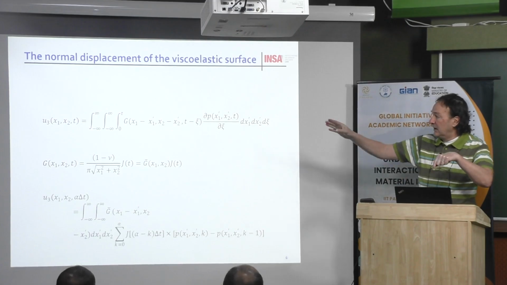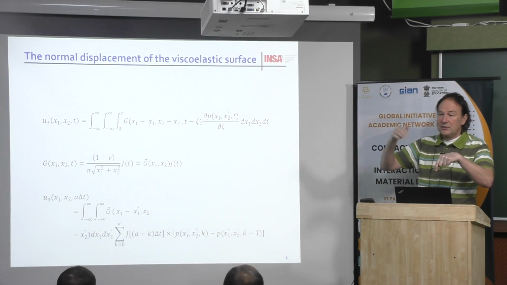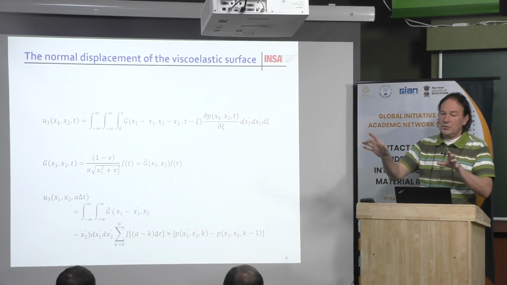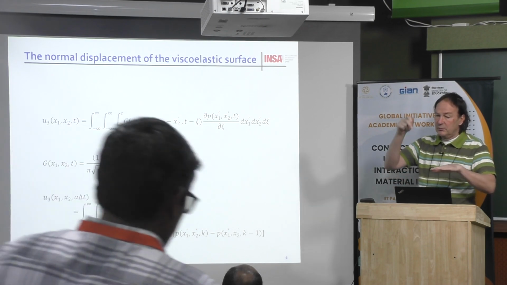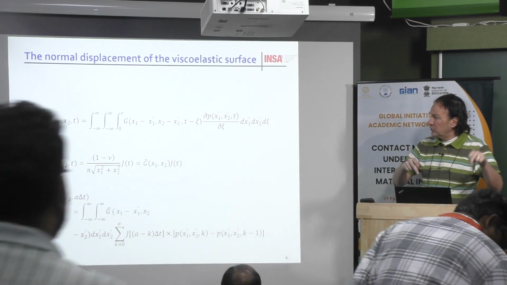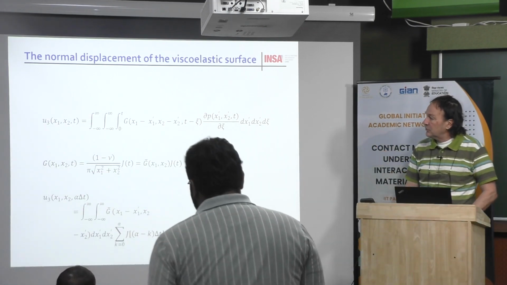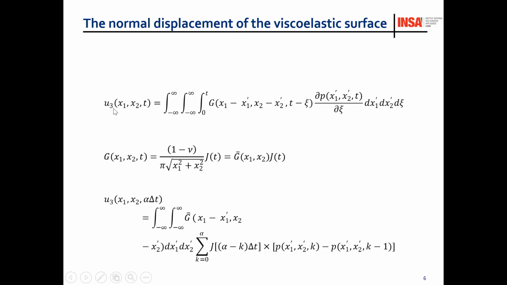And x1 and x2, this is x and y, they are the distances at the surface from the loading point to the point where you want to calculate the vertical displacement. Then this time the Green functions depend on time. Then there is a time function, and you should keep in memory in the computer, for example, the history of the loading, especially for transient solutions.